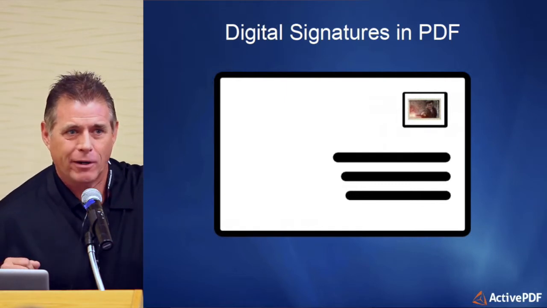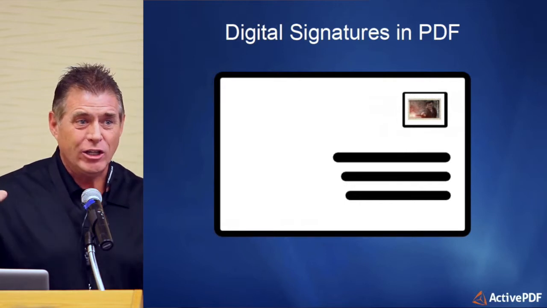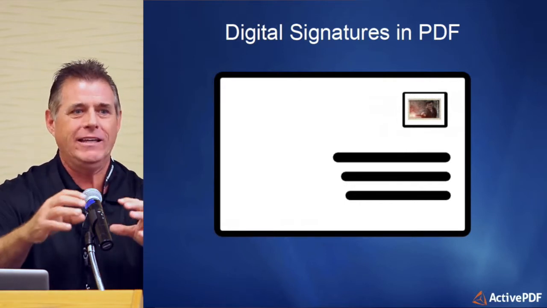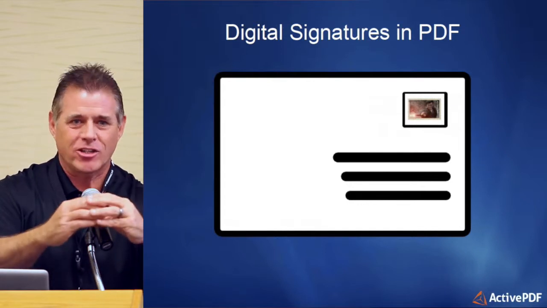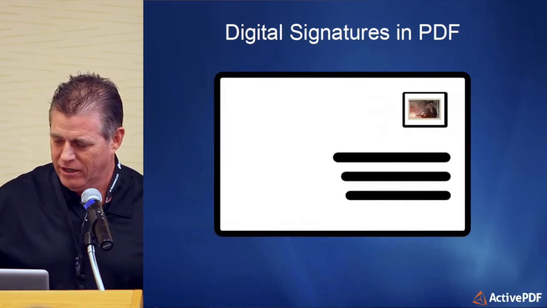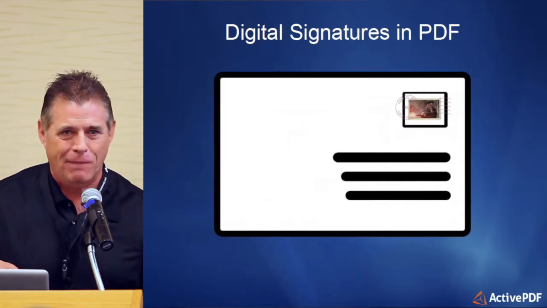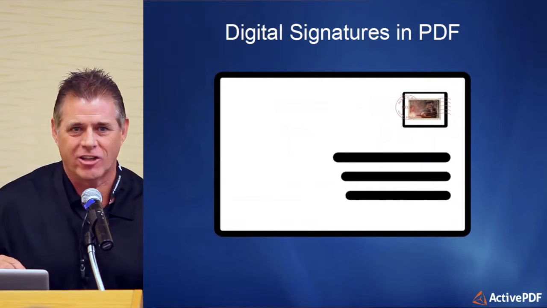That's our magic number. Basically, in the PDF you're creating a hole and putting your stamp, your magic number, into it. After you put it in there, you then encrypt it by putting your postmark on it. So now it's encrypted, and now it's digitally signed.